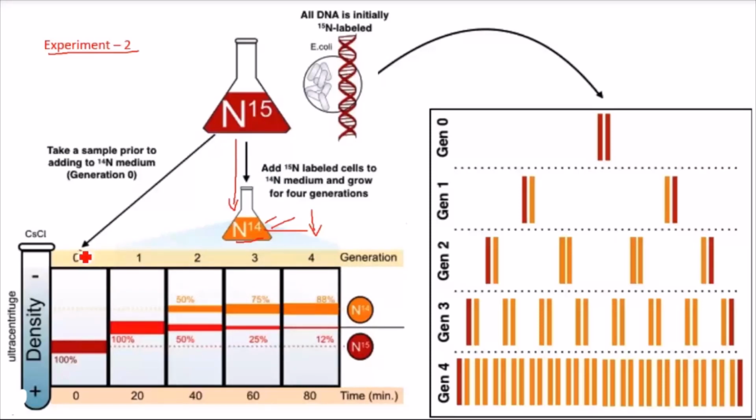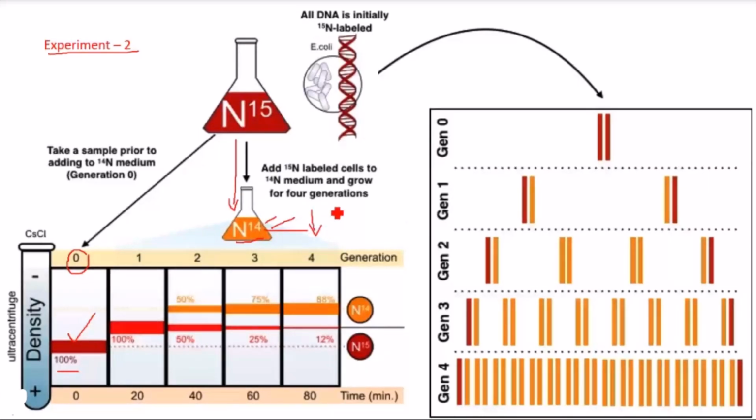So after they have added the E. coli, first generation, that is first replication. Okay, first replication. You see, this is the original N15 DNA strand isolated from the E. coli.